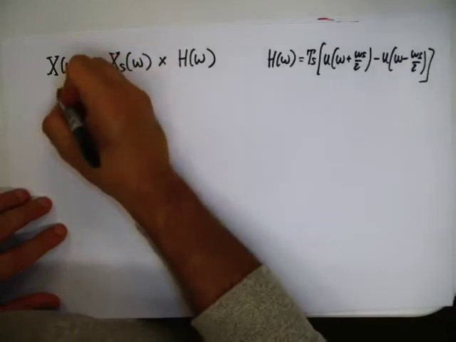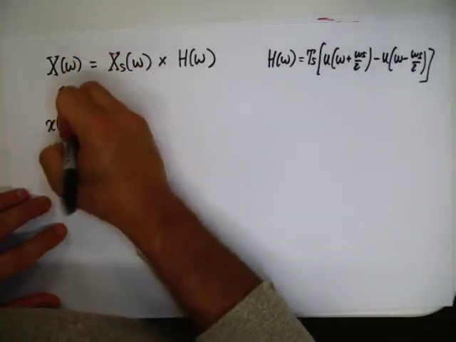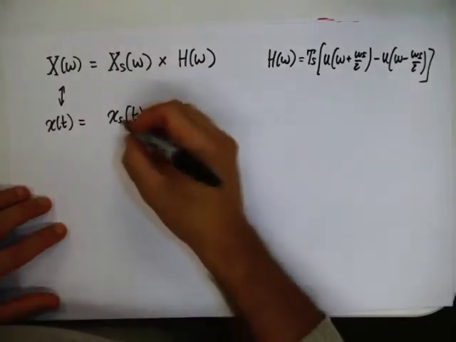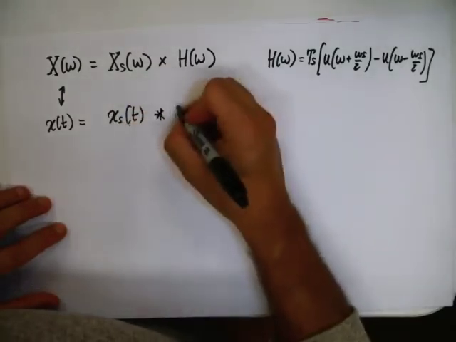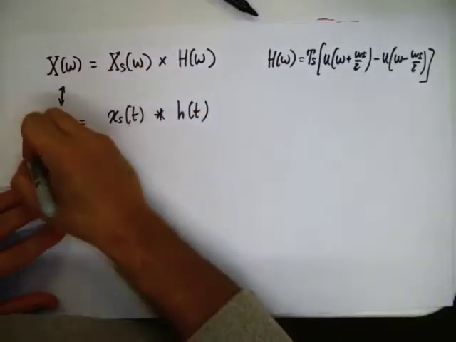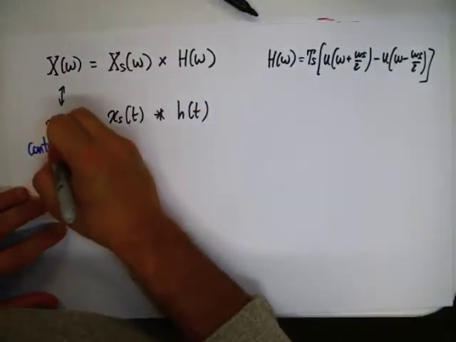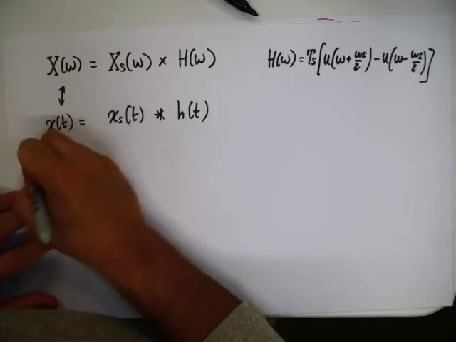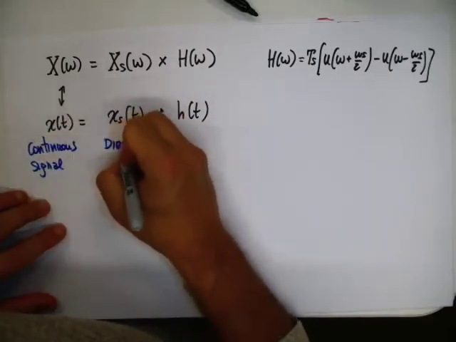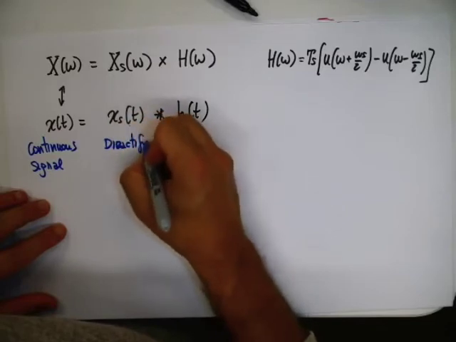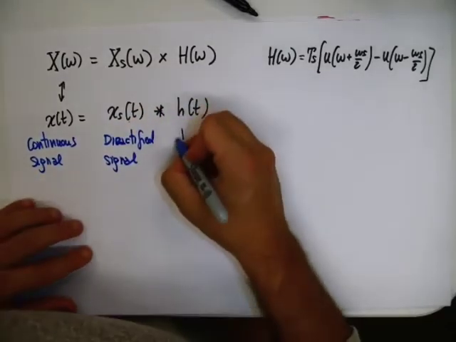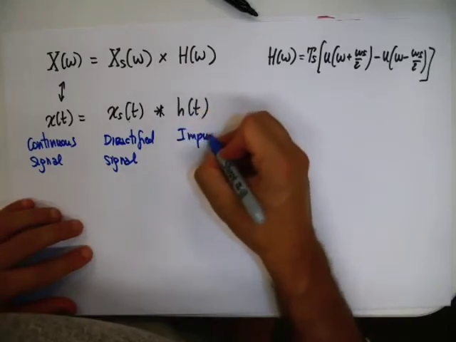And in physical time, we get what? That x of t is going to be equal to the convolution between the Dirac-ified signal convolved with the impulse response. So this is the continuous signal, this is the Dirac-ified signal, and this is the impulse response.